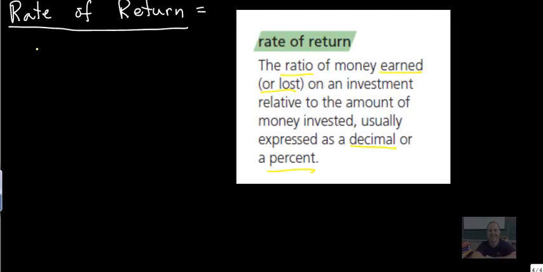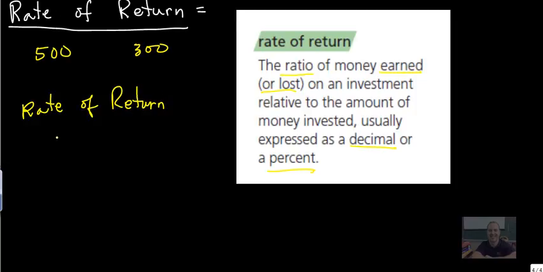So on the first example, the grandparents put in $500. We found out that after 10 years, they made $300, right? So the rate of return is $300 compared to $500.